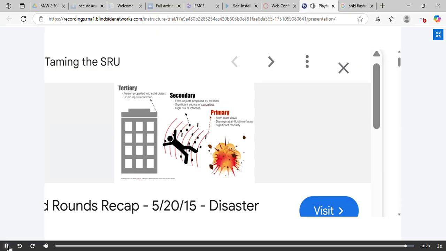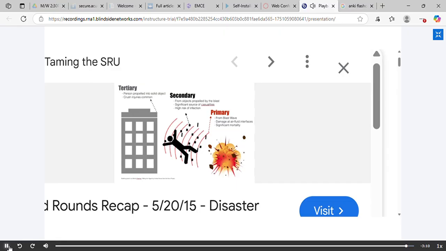Your secondary blast injury is going to be injuries that occur from flying debris. Okay, debris that comes flying off the blast wave. That's the secondary stuff. So the first is the blast wave itself with the pressures.